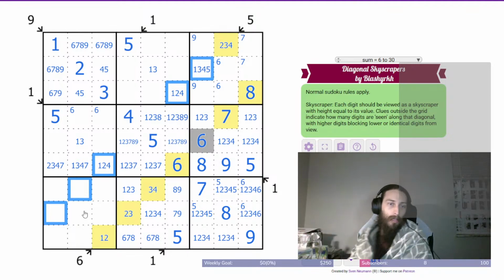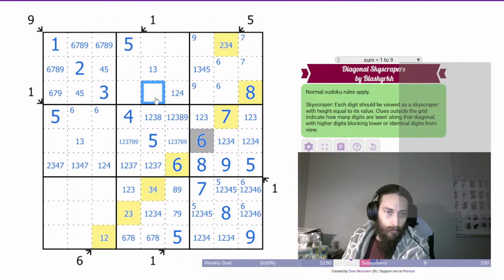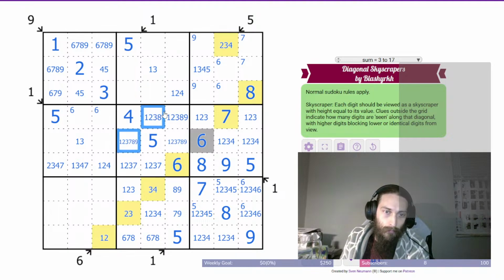But I'm only allowed 3 ever. So this can only be an 8 if this is a 2. And that would be a 3, which makes that a 1. And that a 1.